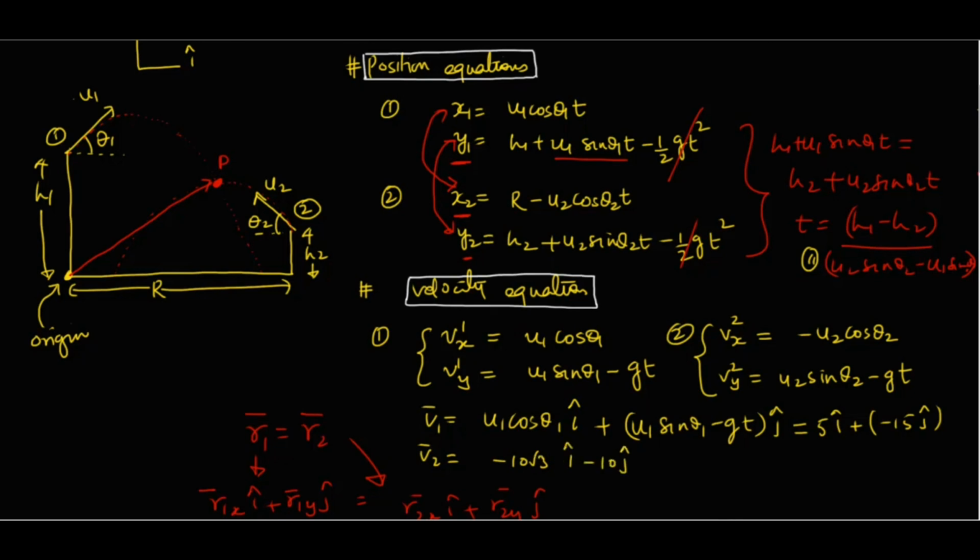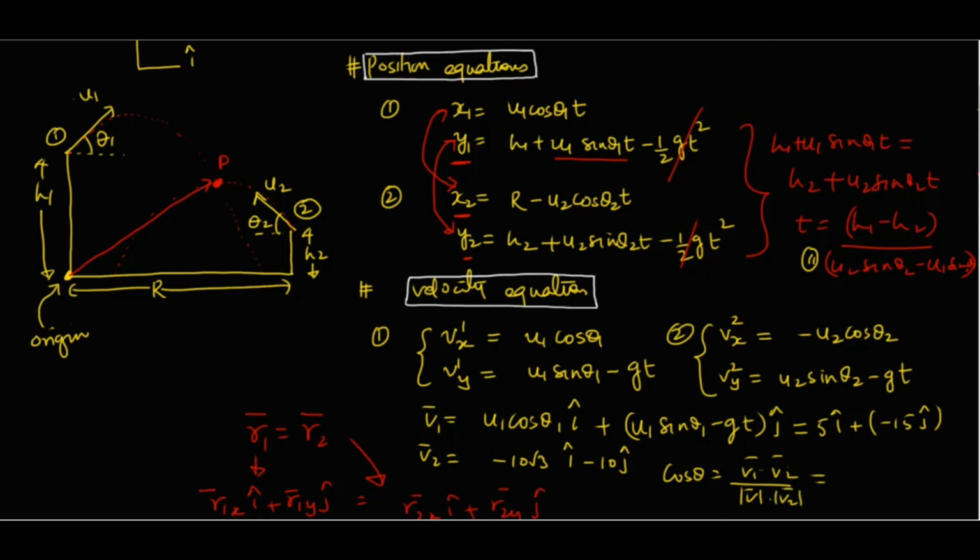And again, as I told you, you can figure out the angle: cos theta is going to be v1 dot v2 divided by |v1| into |v2|.